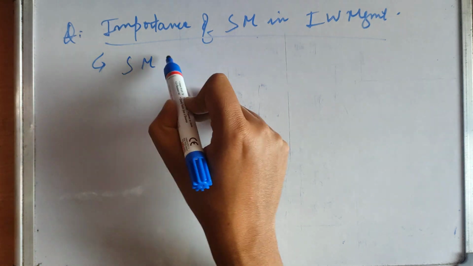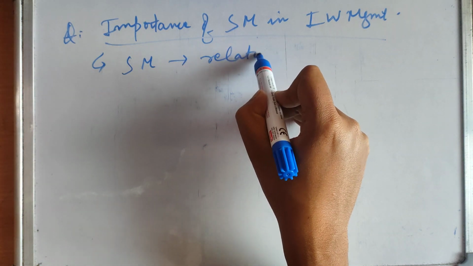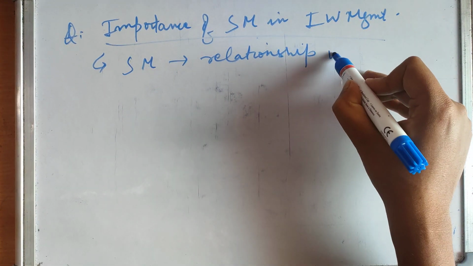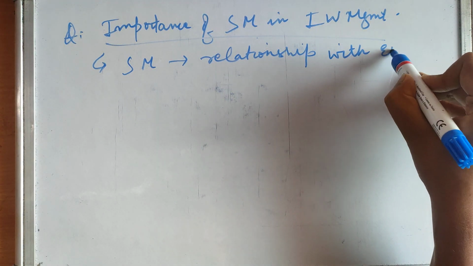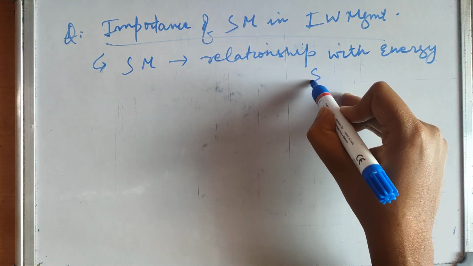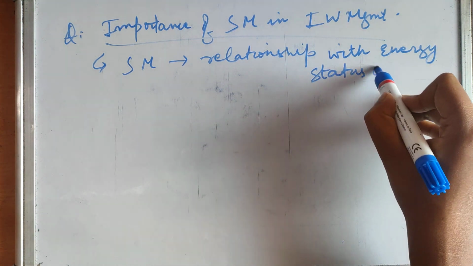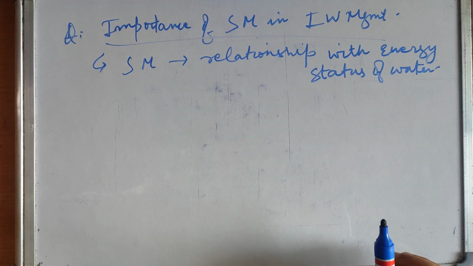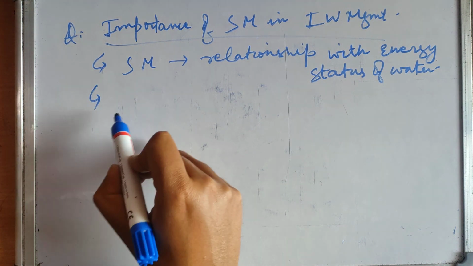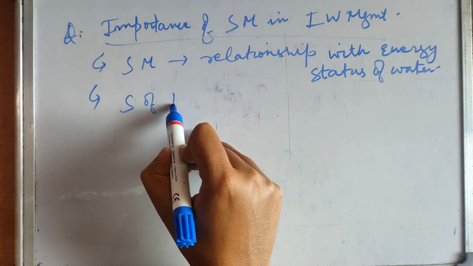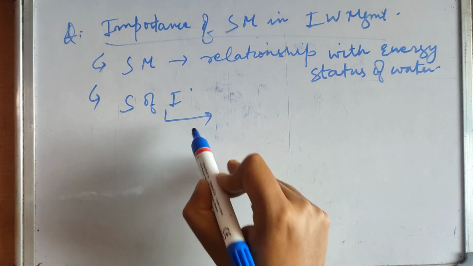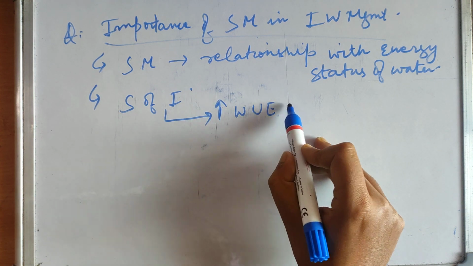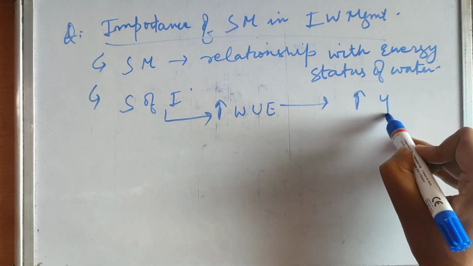It helps in proper scheduling of irrigation. Proper scheduling of irrigation will increase water use efficiency, and hence it will increase yields.